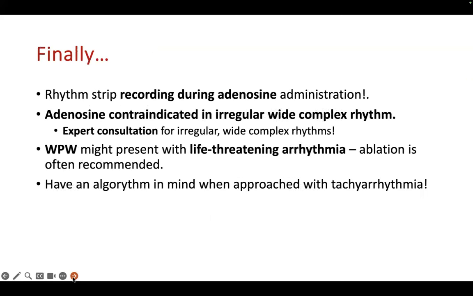Okay. So in conclusion, first of all, I cannot stress this point enough: you want to do an ECG during your adenosine administration. And adenosine is contraindicated in irregular rhythms, because, for example, in that pre-excited AFib, if you give adenosine, first of all, you'll waste a little bit of time.